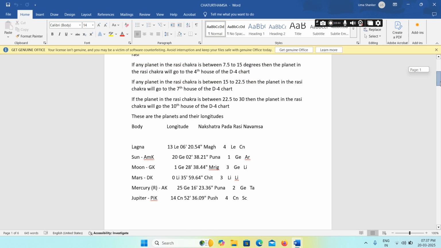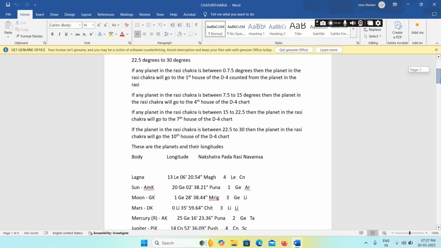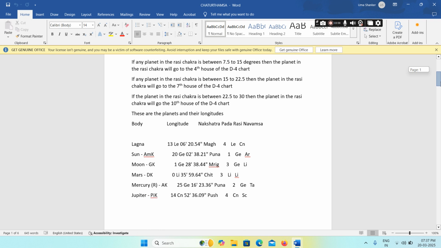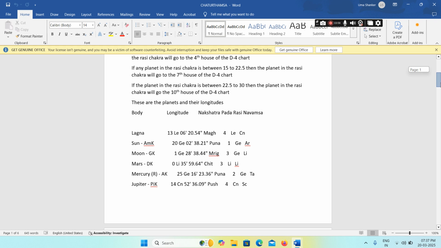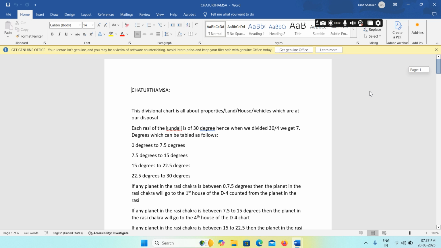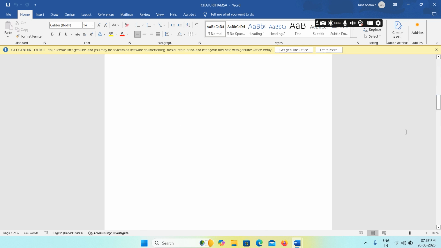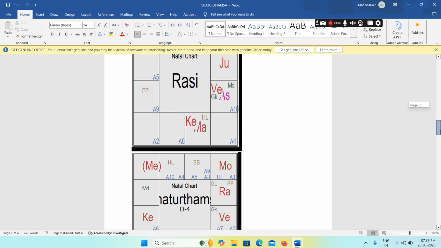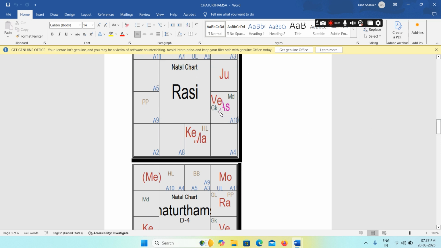As I said earlier, when we divide 30 degrees by 4, we get 7.5, 7.5, 7.5, 7.5, ultimately coming to 30 degrees. So let us say the Lagna of the Rashi Chakra is in the 13th degree in the Leo sign. Here is the Leo sign, okay? This is the Leo sign.